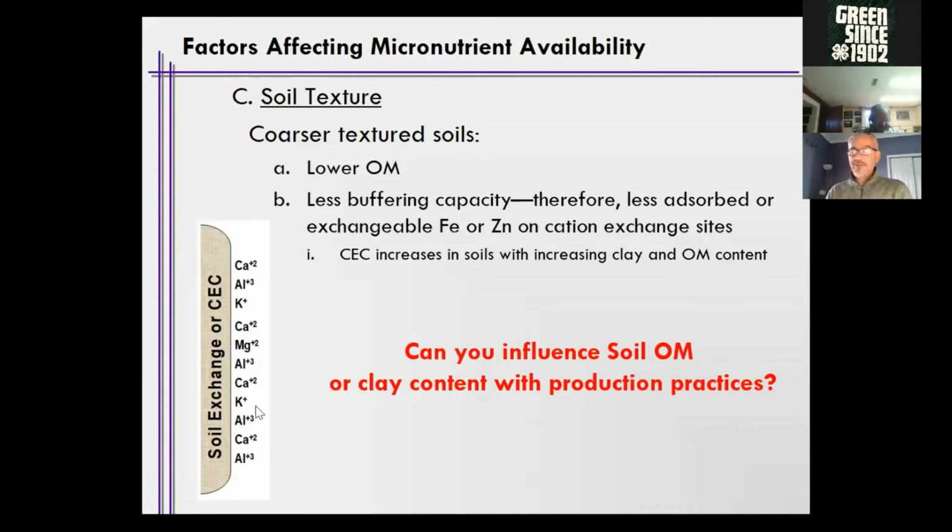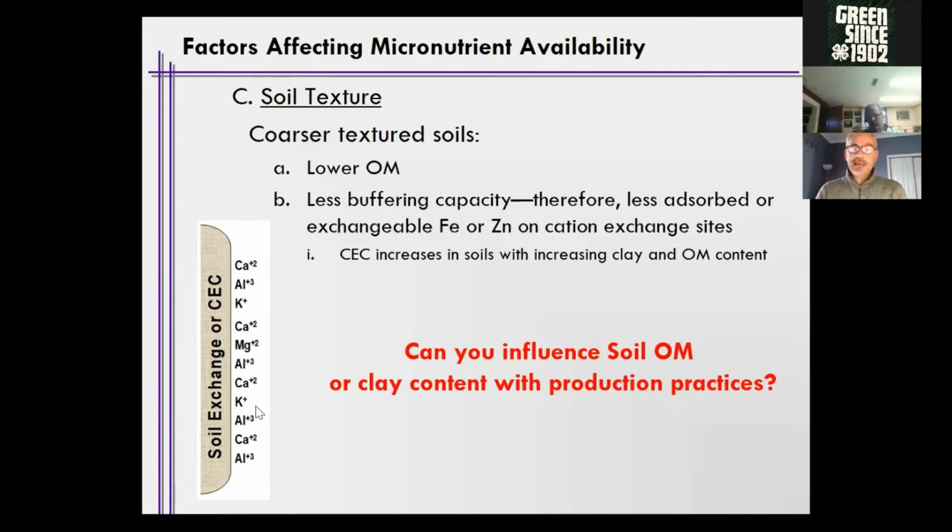So the first question I have is, can you influence soil organic matter or clay content with production practices? And you should say, well, maybe and maybe not, right? So if you change your production practices in such a way to hopefully increase organic matter content over time, then you should say yes, right?